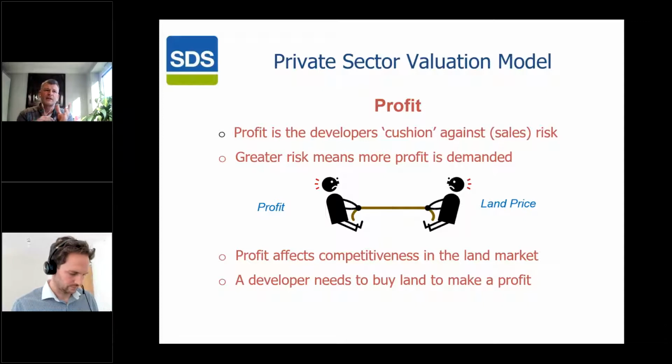It's always that cushion of what you require from the different departments here. Greater risk in sales means more profit is demanded. If the sales price is not known or you're struggling to understand that, then you put in a higher gross margin.